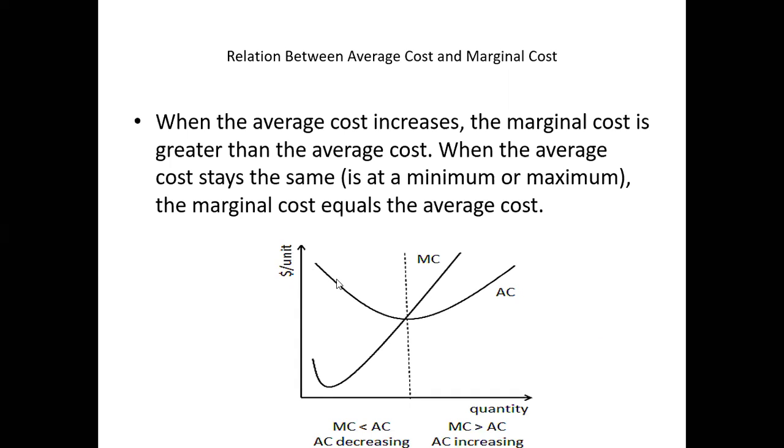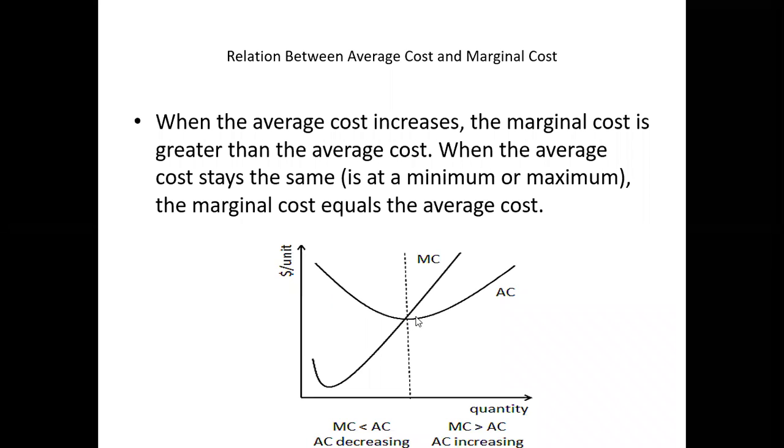If average cost is decreasing, then marginal cost stays lower than the average cost. At the minimum point of average cost, when our average cost is fixed, average cost and marginal cost are the same. Here both the curves are intersecting.